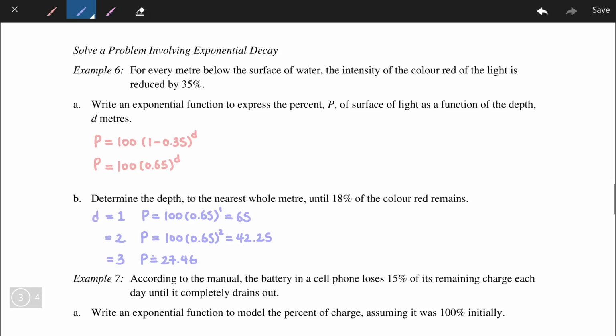It should be d here. So when the depth is 4, then that's when we get p approximately equal to 17.85%. And that's close to 18%. So the answer to our question is, well, 4 meters.